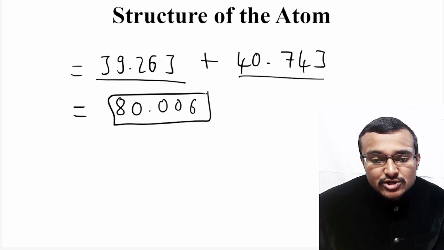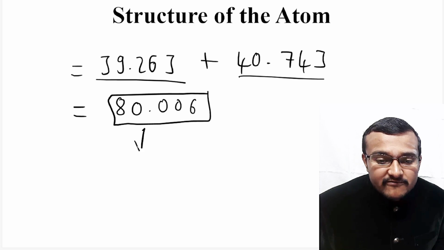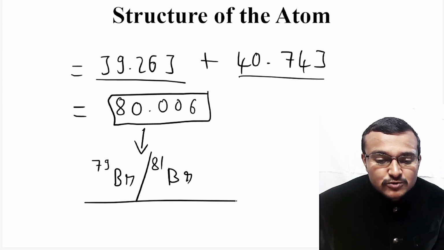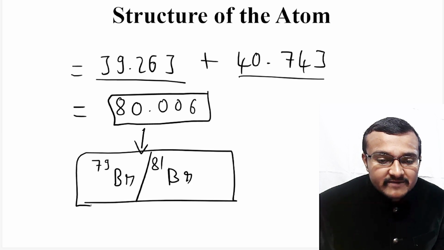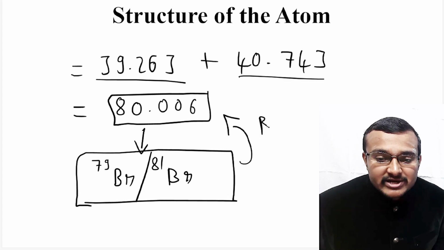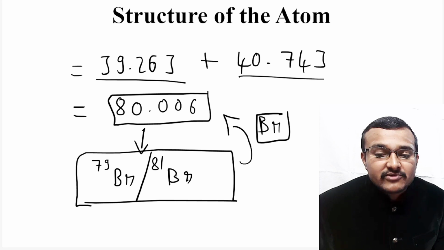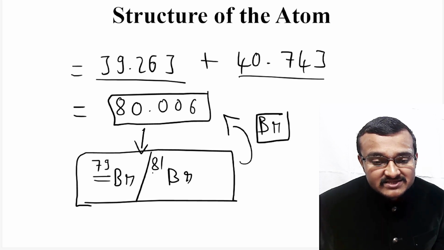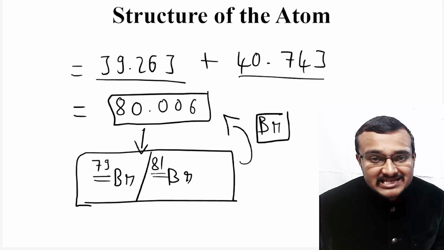So the average atomic mass number of bromine 79 isotope and bromine 81 isotope, if you are considering these two isotopes of bromine, will be 80.006. This is the average atomic mass number of bromine, where bromine exists in two isotopes, one with 79 as its mass number and the other with 81 as its mass number.